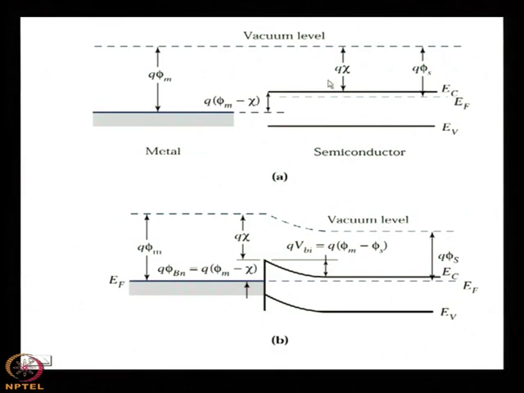Then as the electrons move from the semiconductor side to the metal side, electrons will be accumulated on the metal surface, and there will be depletion on the semiconductor side, because it is losing electrons. So, only uncompensated donors will be left on the semiconductor side.